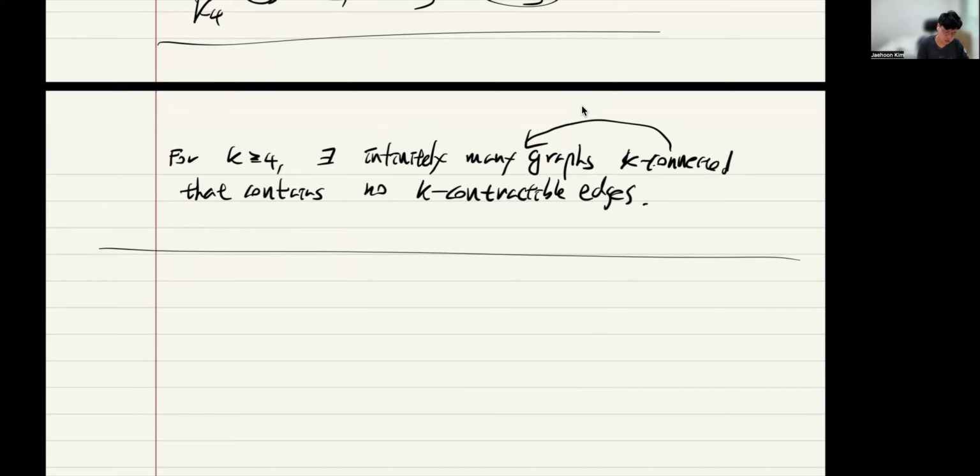The connectedness was first considered for finding a path between two vertices, so that connection was the original motivation of considering this. And now we generalize this notion of connectedness into connectivity. 2 connected, 3 connected, those are all about connectivity.